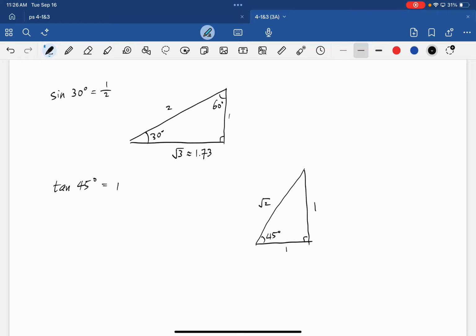Okay, tangent 45 degrees is going to be 1, because when we draw our 45, 45, 90 triangle, we have 1 here and 1 here. So opposite over adjacent, it's going to be 1 over 1.